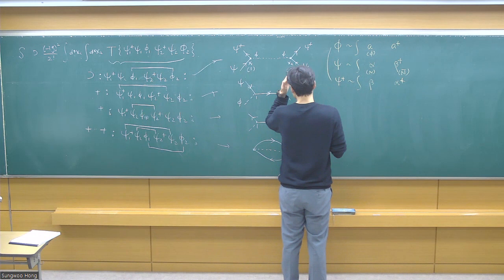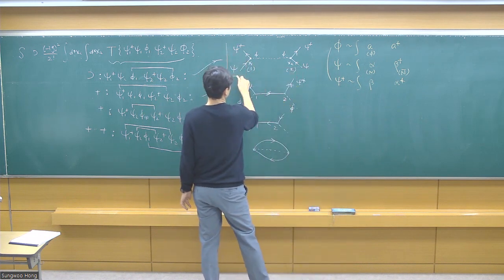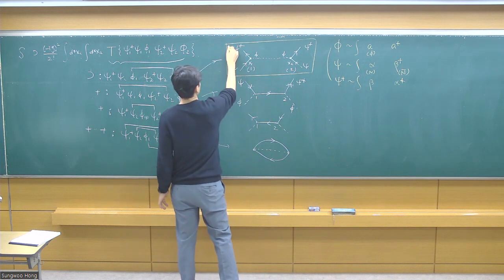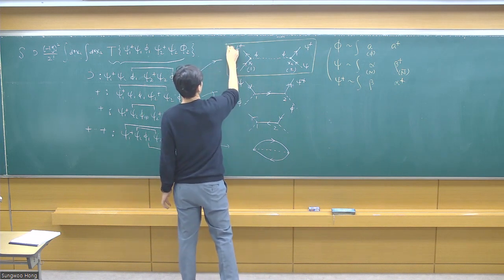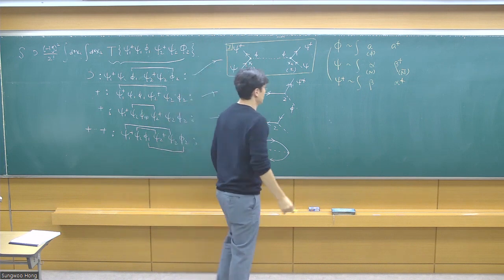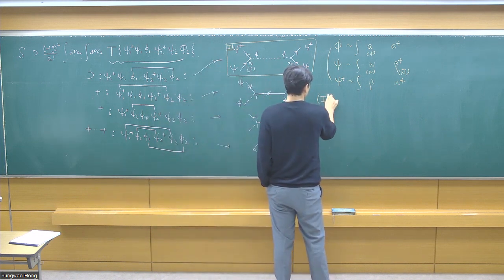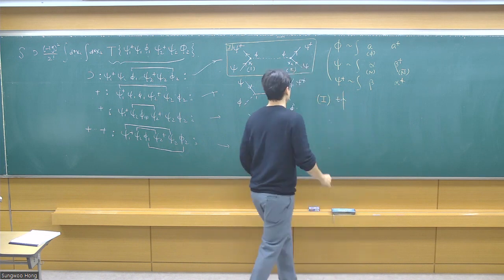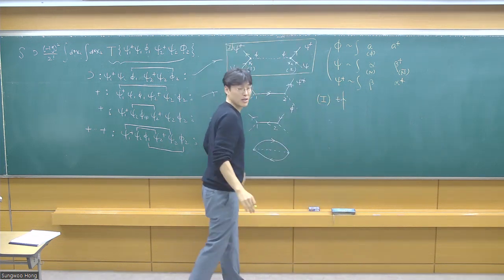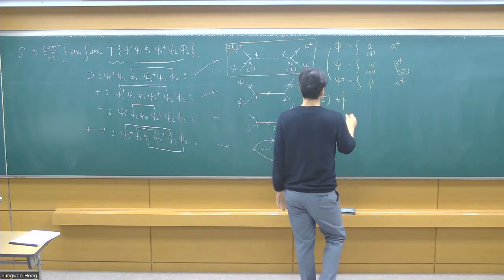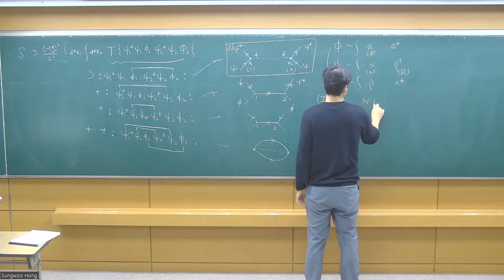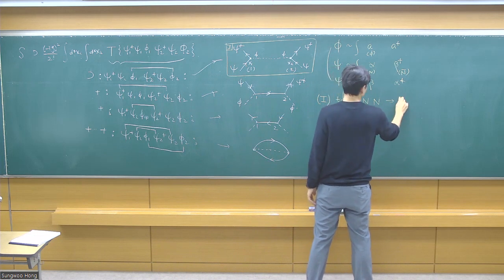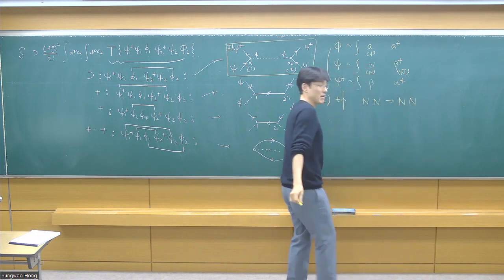Good. So let's look at this particular diagram first of all. That is literally labeled 1. Very good. So this diagram can be used several different ways. First of all, if I interpret time as going upward, meaning I view this as the time direction, then the claim is that it describes the process where N collides with N, and then N comes out, N comes out.